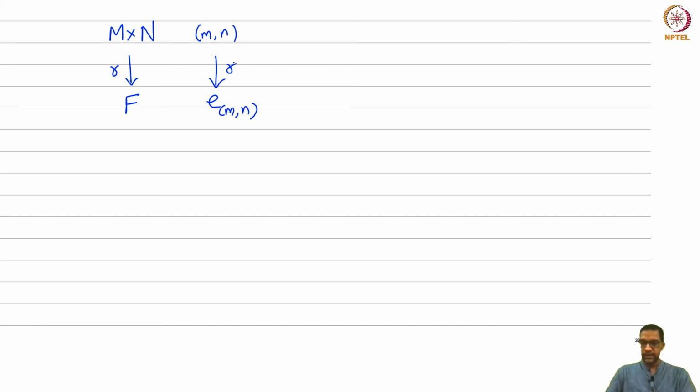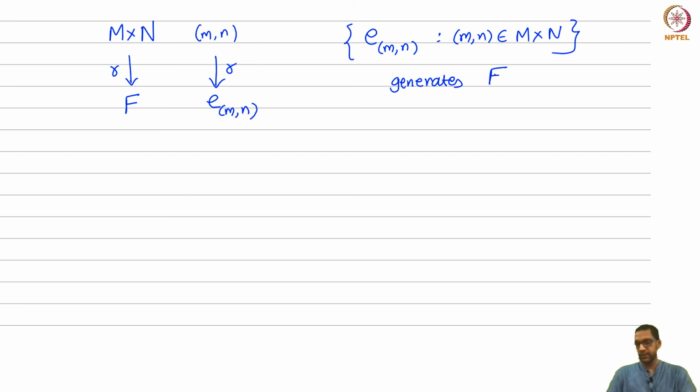Now observe that the E sub mn's, in other words the image of gamma, generate F for sure. Okay, this we know. This certainly generates the free module or the free abelian group, right? Why is that? Because we already showed this. Every element of F can be written as a linear combination with integer coefficients of the EMNs. So if you have EMNs in some subgroup, then that subgroup is the entire group F. It's the entire module F.